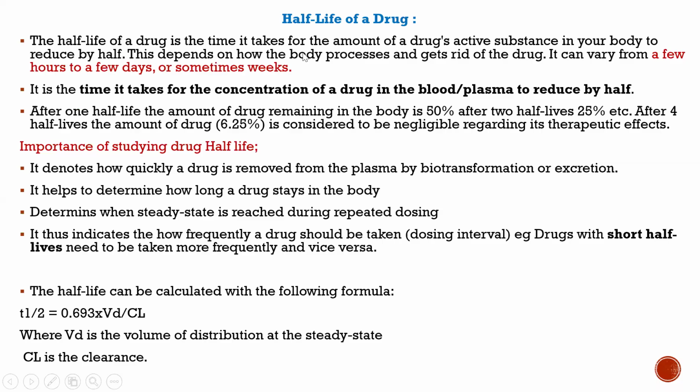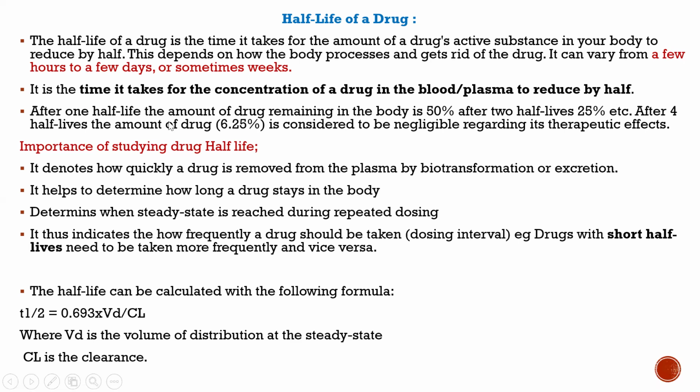It depends on how the body processes and gets rid of the drug. So it can vary from a few hours to a few days or sometimes weeks for a particular drug to reach its half-life. It is the time it takes for the concentration of the drug in the blood and plasma to reduce by half.